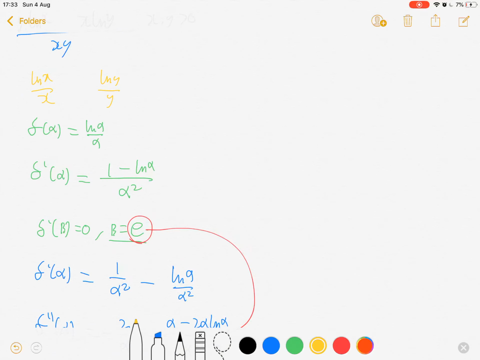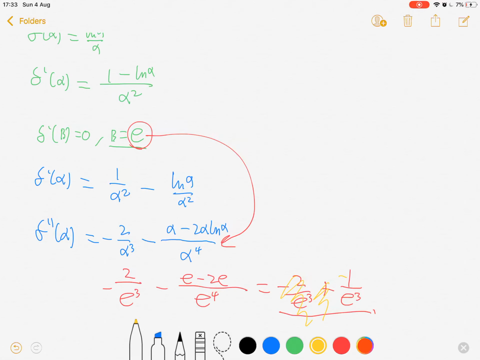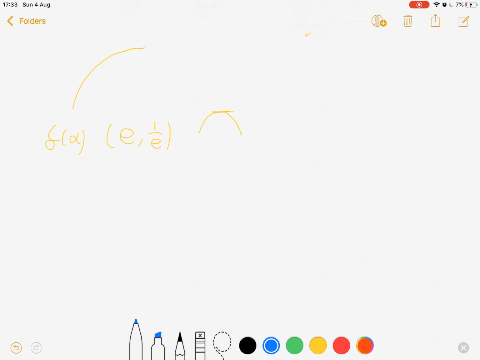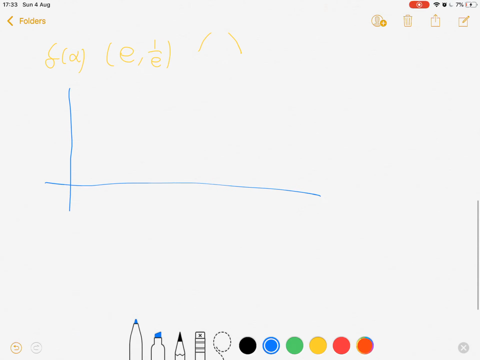It was ln alpha divided by alpha, so it would be 1 over e. At this point, I don't know how you call this in English, but something like this point, right? So if you were to graph f(alpha), let's write f(alpha) here.